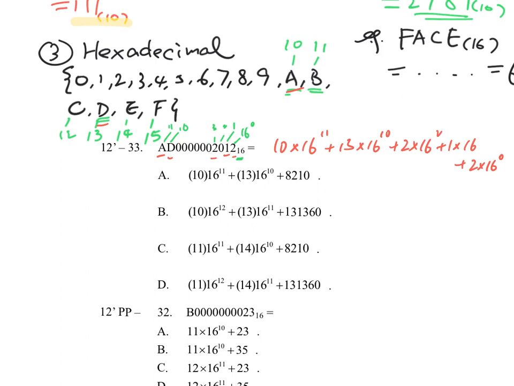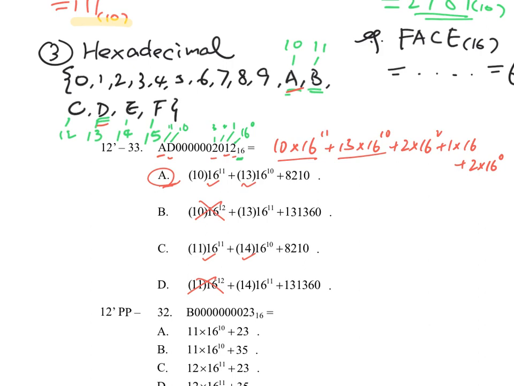Now you can search for the answer. 10 times 16 to the power 11, so that's why one option is wrong. 13 times 16 to the power 10. So you may choose answer A.